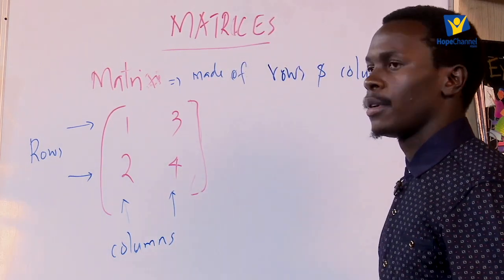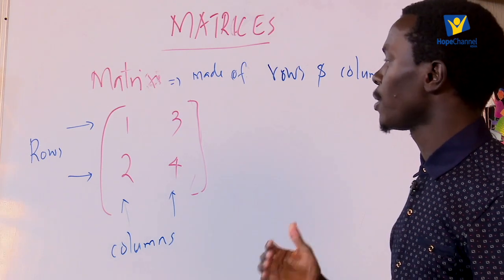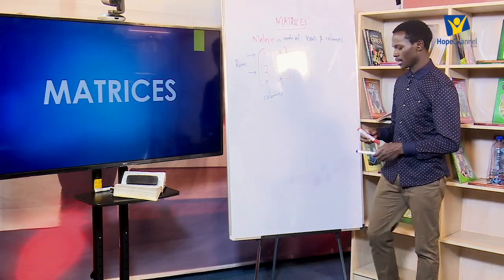Now, a matrix can have more than two rows and more than two columns. It depends on the number of columns and rows. What we call that is the order of a matrix.